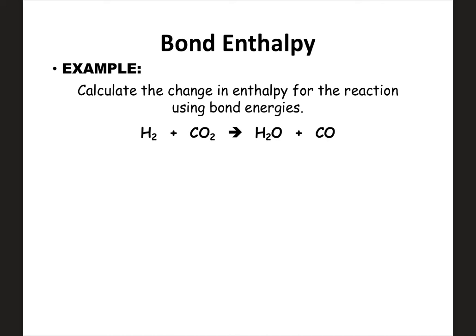But first thing we need to do when we're doing one of these bond enthalpy problems is draw the dot structures. So the first substance I see here in my equation is H2. You can total up valence electrons and go through it, unless you know exactly what it's going to look like. This might be one of the ones that you get pretty familiar with, and you don't need to go through the steps every time, but each hydrogen has one valence electron times two hydrogens.